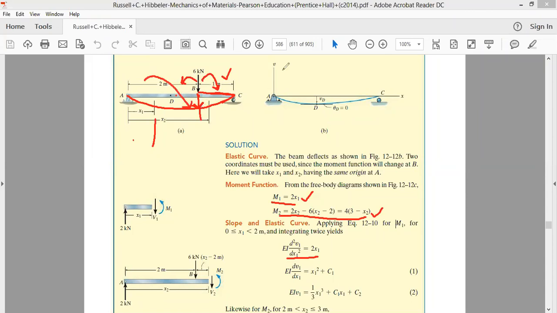Otherwise, if the two equations do not give us the same value of deflection, for example, the left hand side equation tells you that the deflection of point B is, say, 0.1 mm, and the right hand side equation tells you that it is, say, 2 mm, then if you draw the deflection curve, it will have a kink like this, which is not possible.